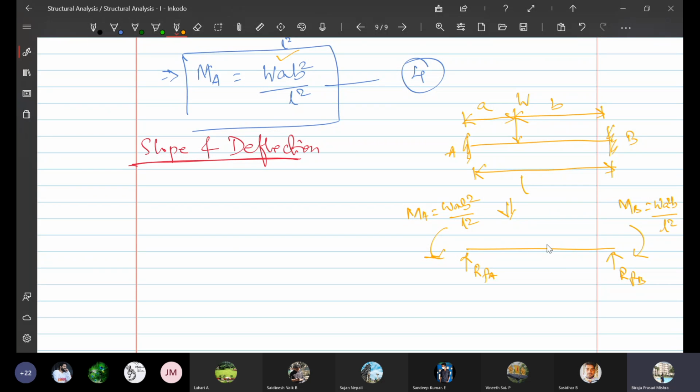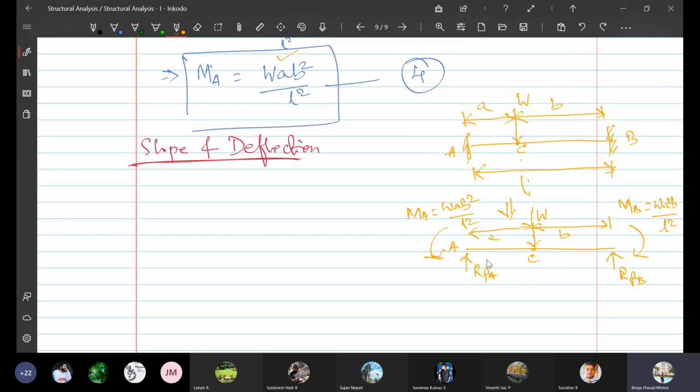Here we have W, and this is A and this is B. Let this point be C. So this is A, this is C.